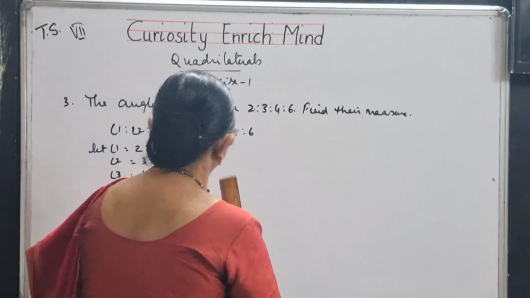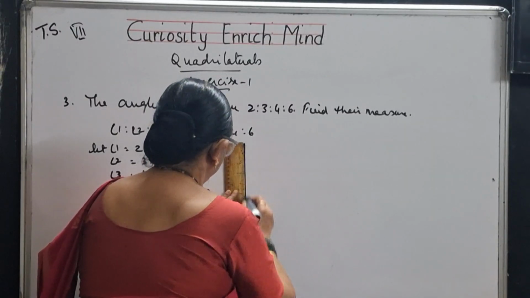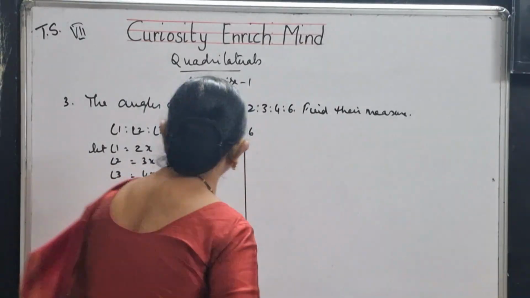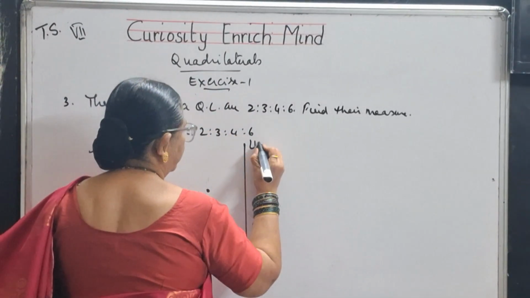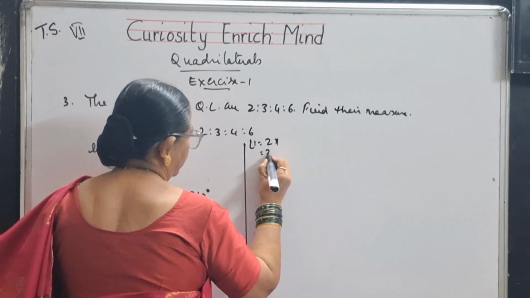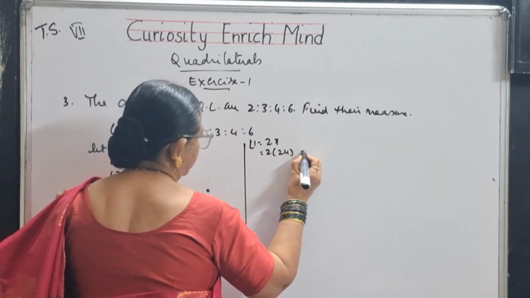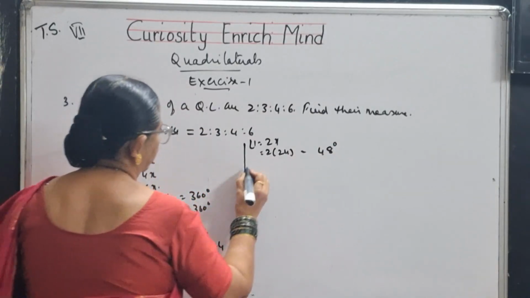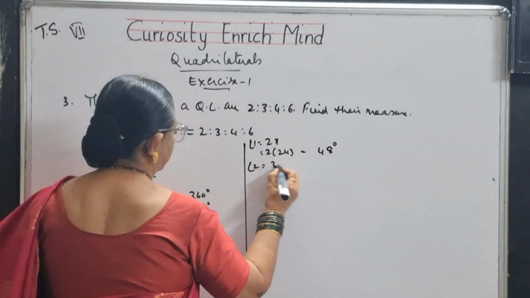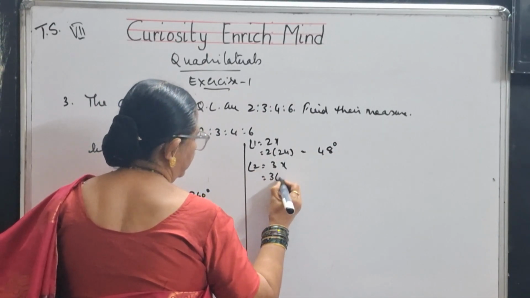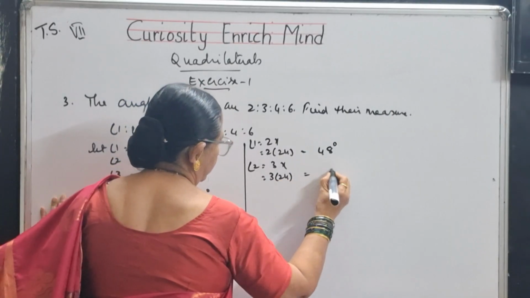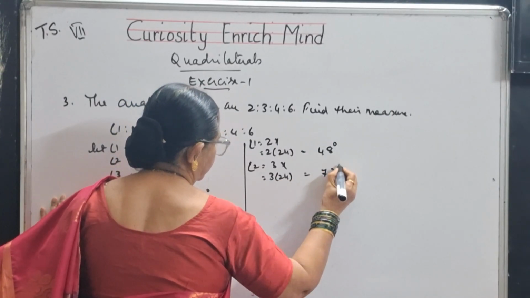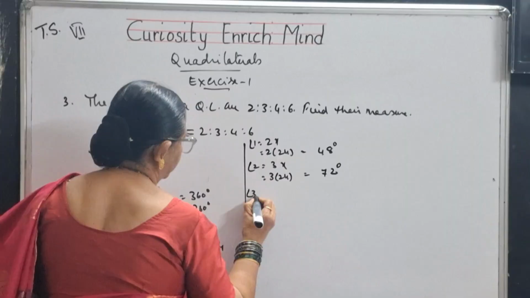So if x is equal to 24, what is angle 1? Angle 1 is 2x, 2 into 24, that is 48 degrees. Angle 2 is equal to 3x, 3 into 24, that is 72 degrees.